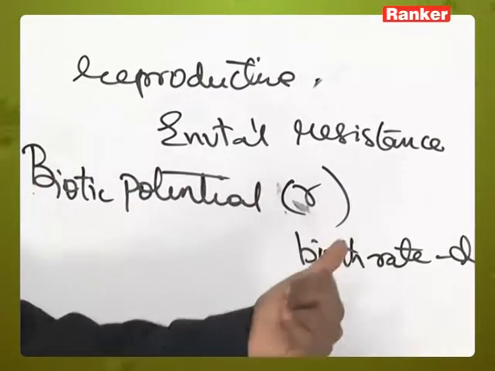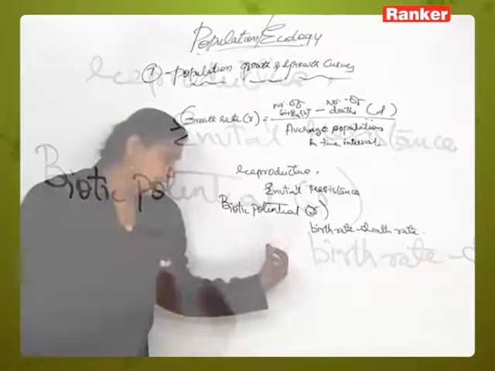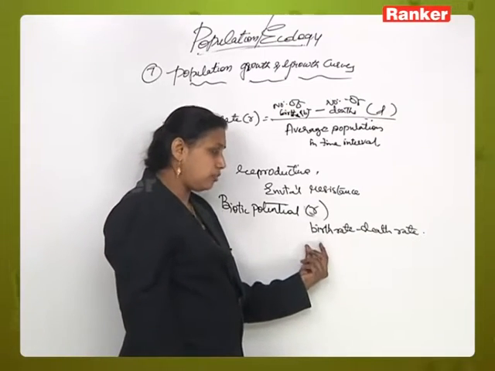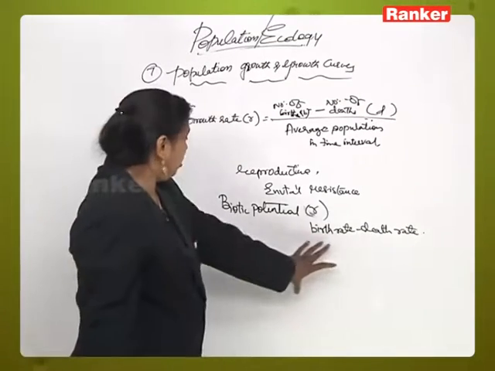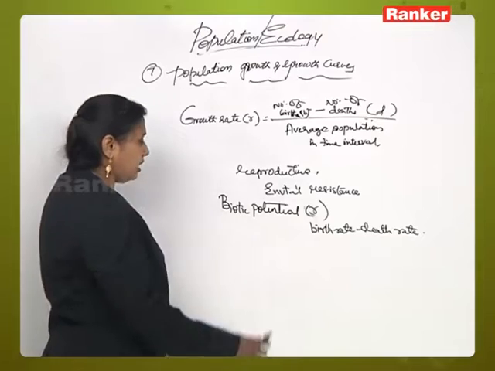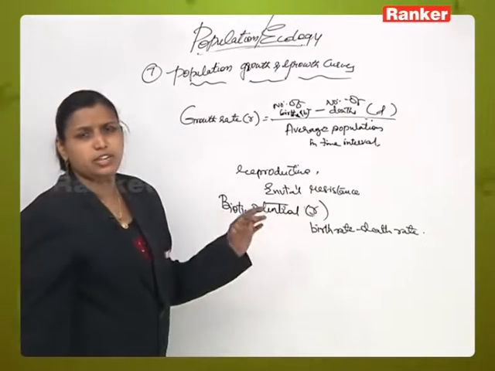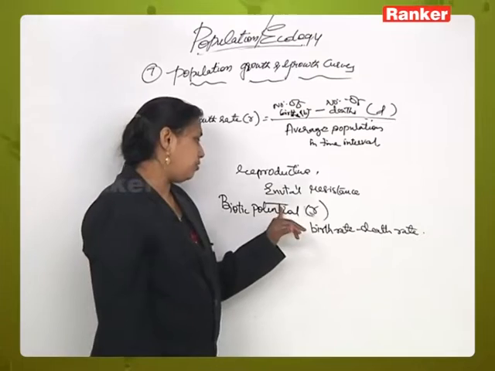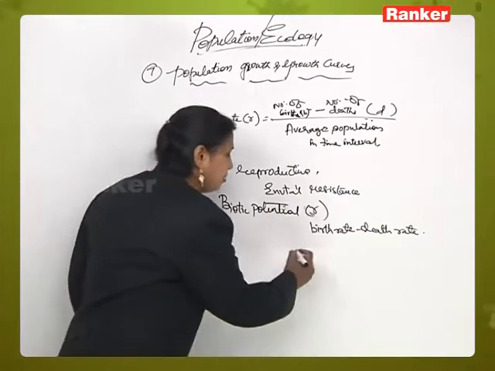Biotic potential is represented by a letter R. The difference between the birth and the death rate is called biotic potential, and it is influenced by the different age groups in different populations. The biotic potential is also influenced by the male and female ratio.